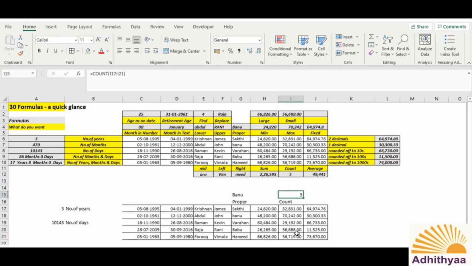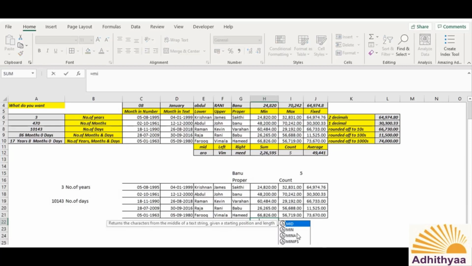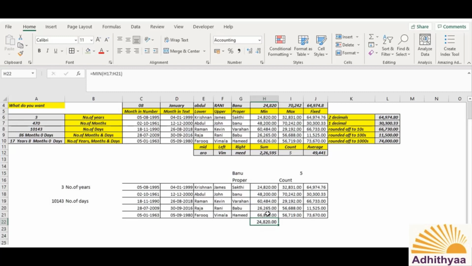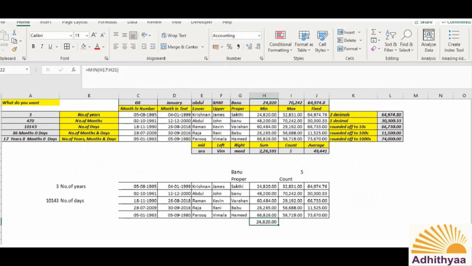Let us also see what the minimum is. Equals MIN of number 1 and number 2. You can bring it here, say MIN and okay. Now you will see 24820 is the minimum one. Yes, 24820 is the minimum number in this case.